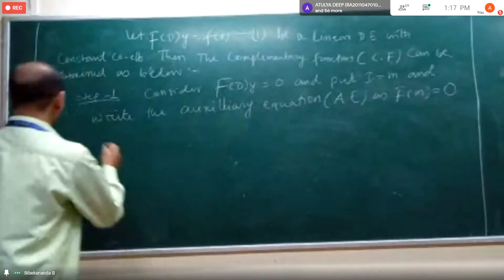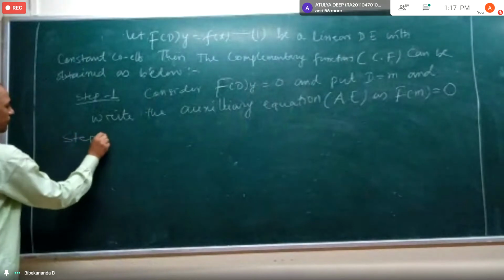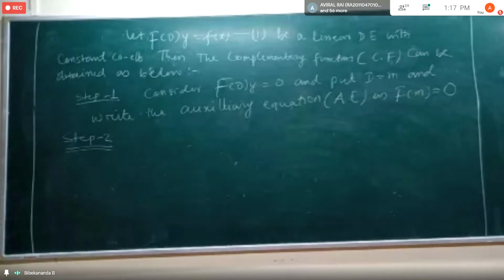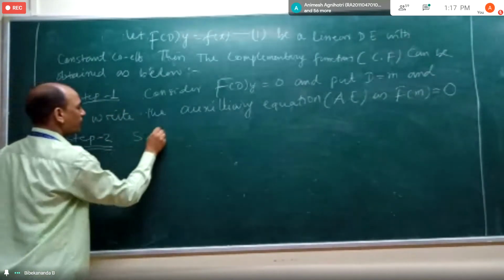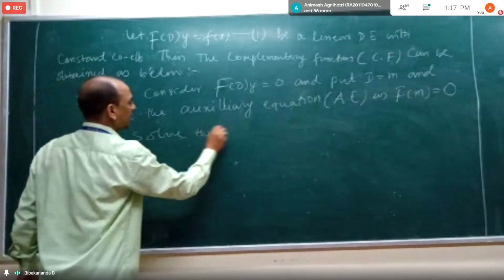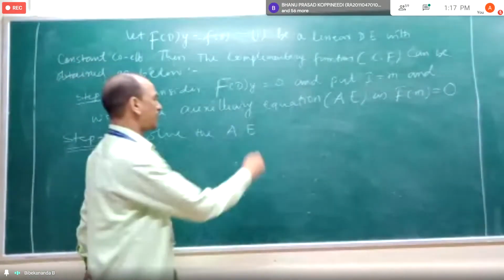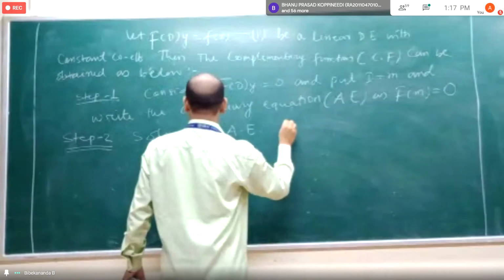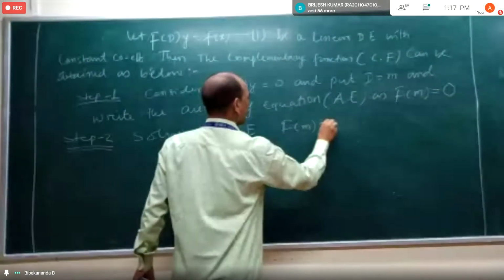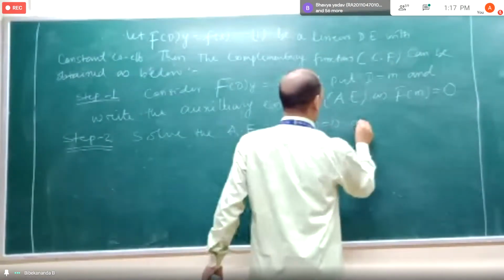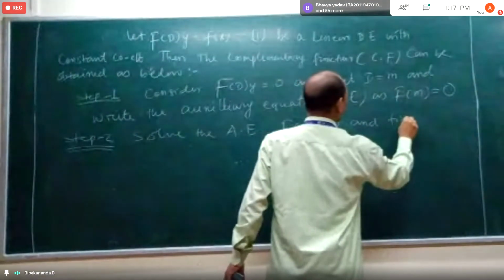Now second step, step 2. What do you do? In step 2, solve the auxiliary equation f(m) equal to 0 and find the roots.